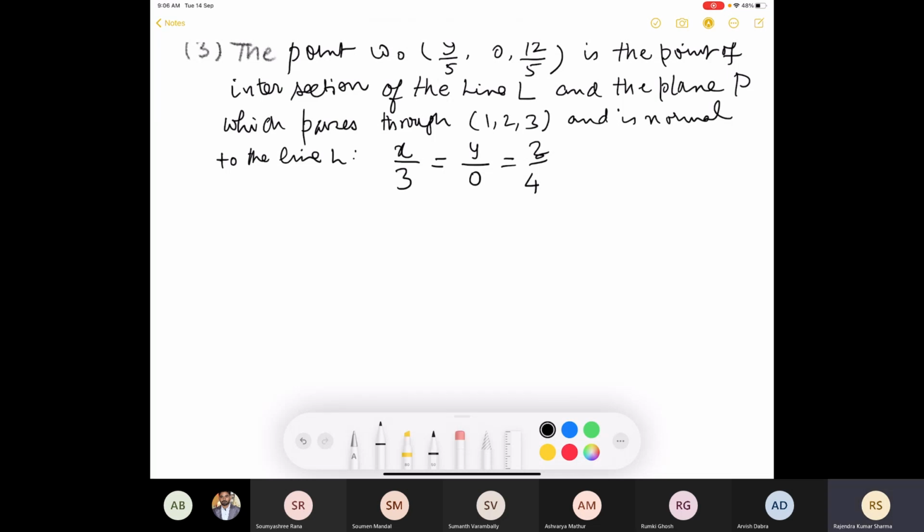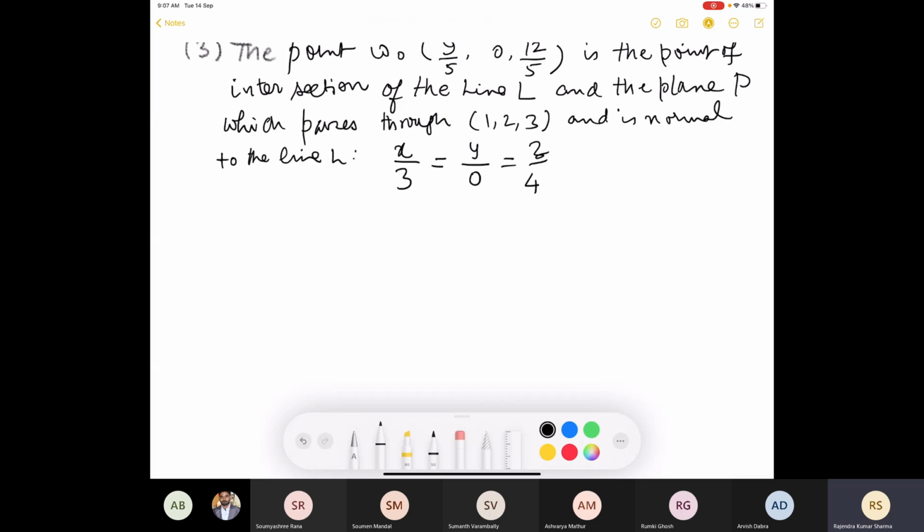So in a nutshell, what happens is that this point is on the normal to the plane that passes through 1, 2, 3. And the foot of the perpendicular becomes 9 by 5, 0, 12 by 5.